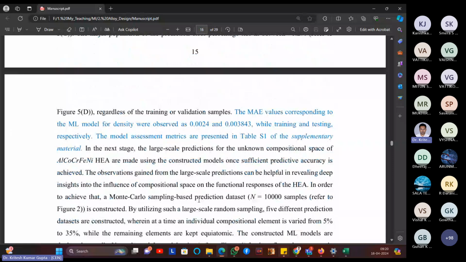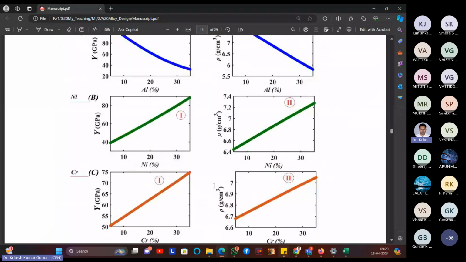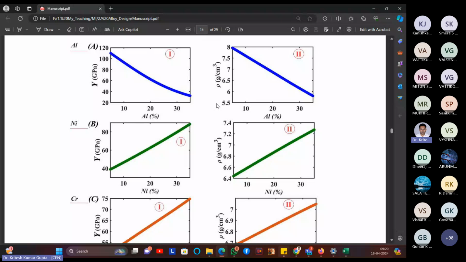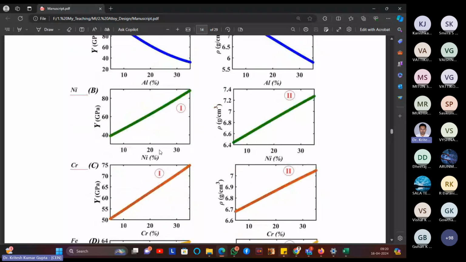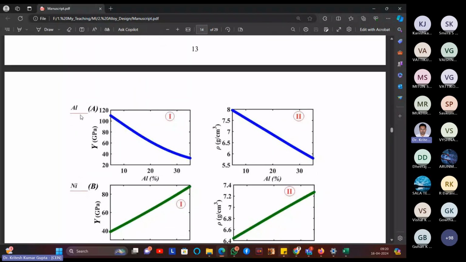So I have told you about sensitivity analysis, right? These predictions which we are getting here, we are using for sensitivity analysis. What we are doing here is that individually one feature is varying, and all the other features are kept equiatomic. And then we have seen the effect of individual parametric variation on the responses.